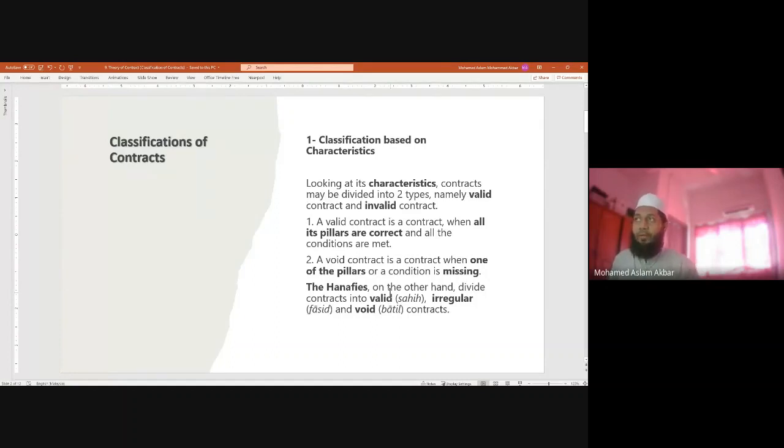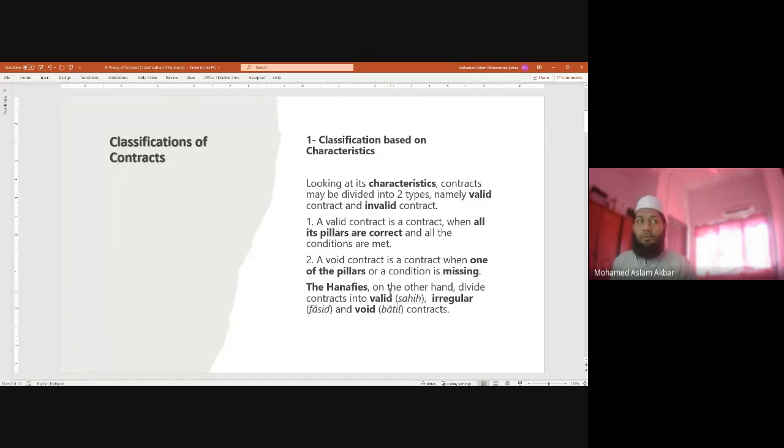So you will call it valid. In Arabic, valid means sahih. And then the invalid, or you can call it void, in Arabic is batil. So there are only 2 types of contract, whether it is a sahih contract or a batil contract.